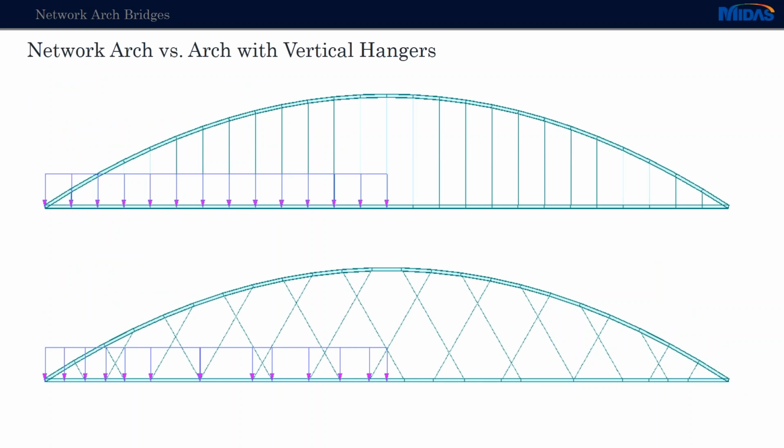So I just took a case study here with two bridges with the same dimensions of the arch and almost the same number of hangers. The one with the vertical hangers actually has more hangers than the network arch, and I loaded it with uneven loading. So let's say this would be a live load on half of the bridge.